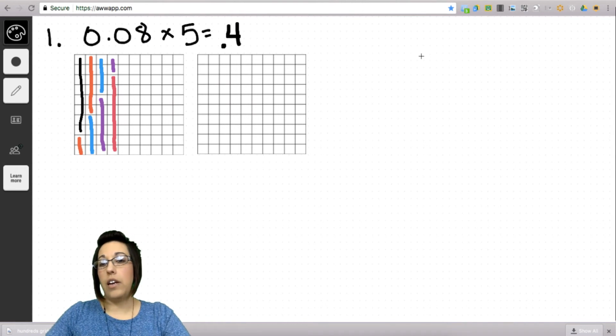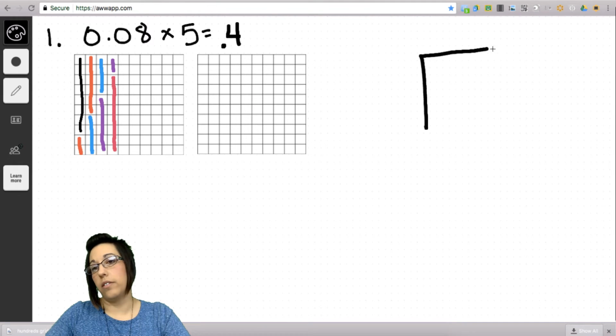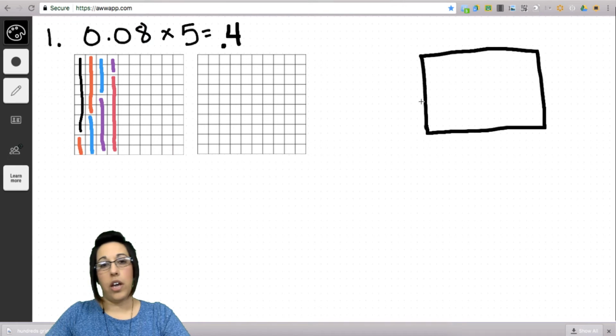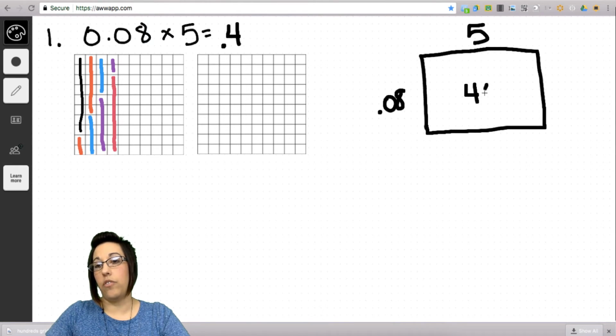So let's look at an area model to help us solve this problem. In this area we have 5, we have 8 hundredths. I know that 8 times 5 is 40. When I multiply, if I have 2 decimal spaces here, I have to come over 2 decimal spaces here.